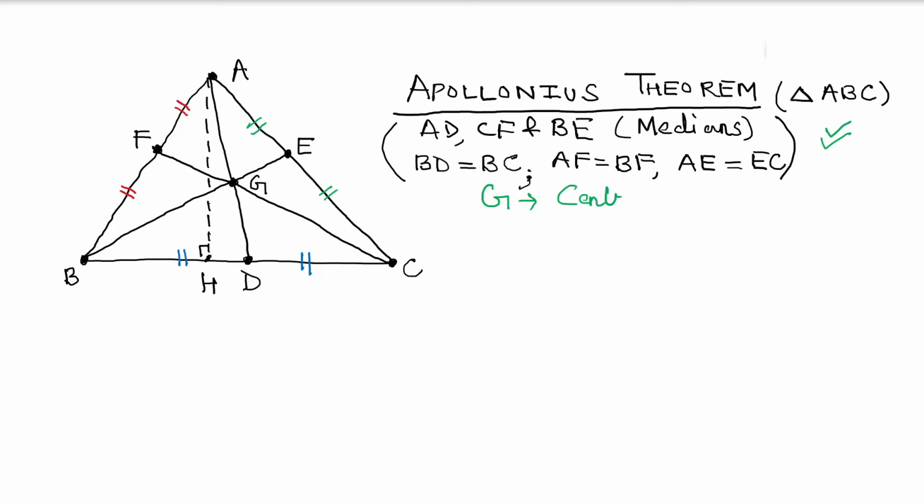These are the mathematical jargons that we are supposed to use in geometry. What is centroid? The point G here is a centroid, which is the point of intersection of the three medians which can be drawn inside a triangle ABC.